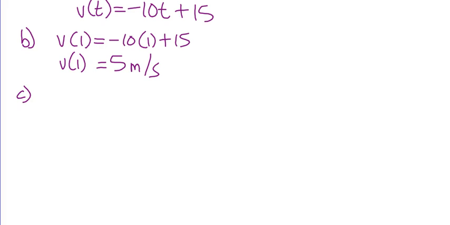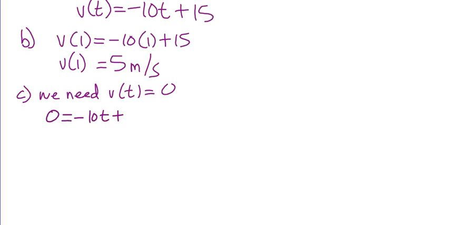So we need v of t equal to 0. Okay, so 0 is equal to negative 10t plus 15. So what's t? 1.5, 3 over 2, whatever you like.